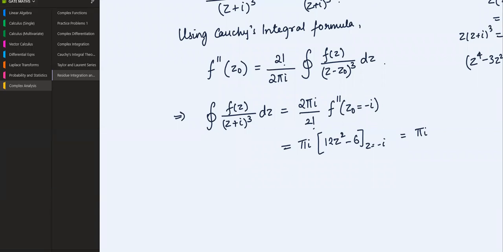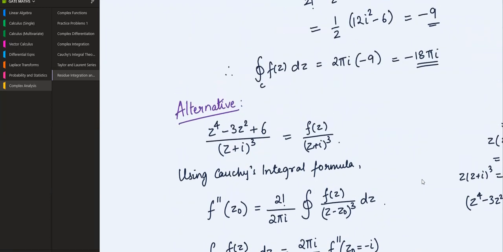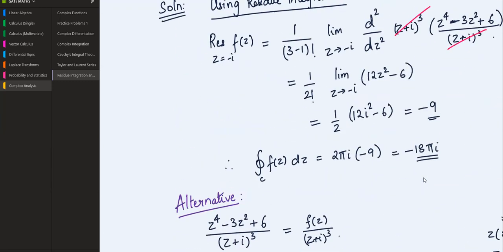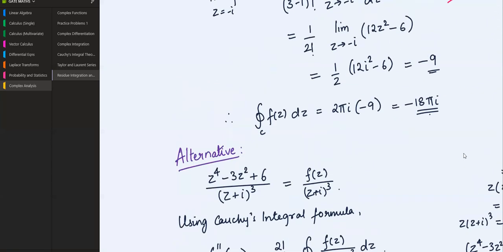I'm getting a difference of 2. It should not happen. Okay, 12 i square minus 6 gives minus 18 pi i. Their answer we are getting as 9 pi, no, minus 18 pi i. Correct. Residue is minus 9, so minus 18 pi i.